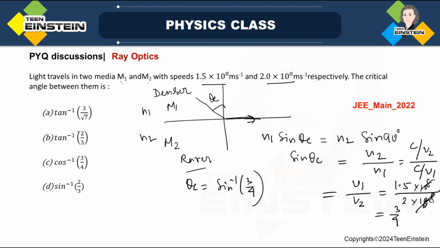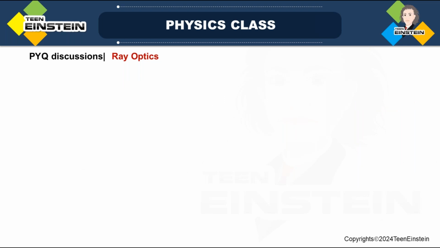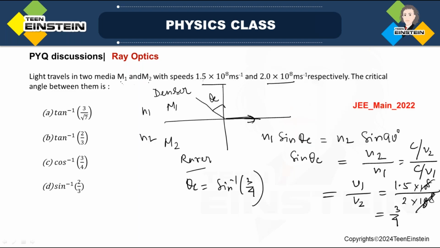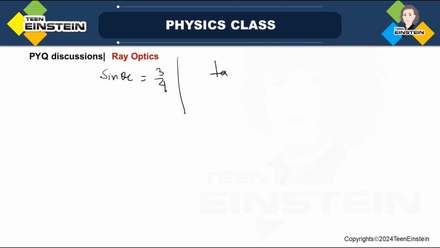But among the given options, none of them is matching with sine theta c. Let me do one little trick over here. I have got sine theta c is equal to 3 by 4. There is an option with tan theta, let us see how tan comes.